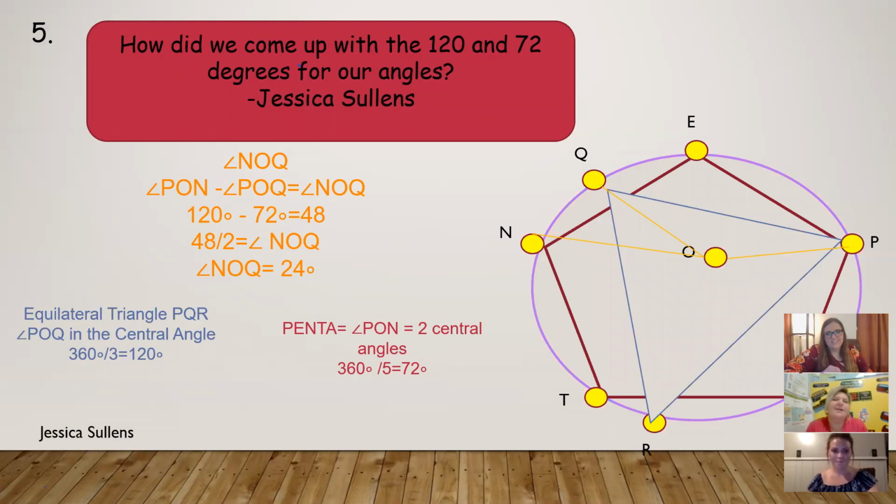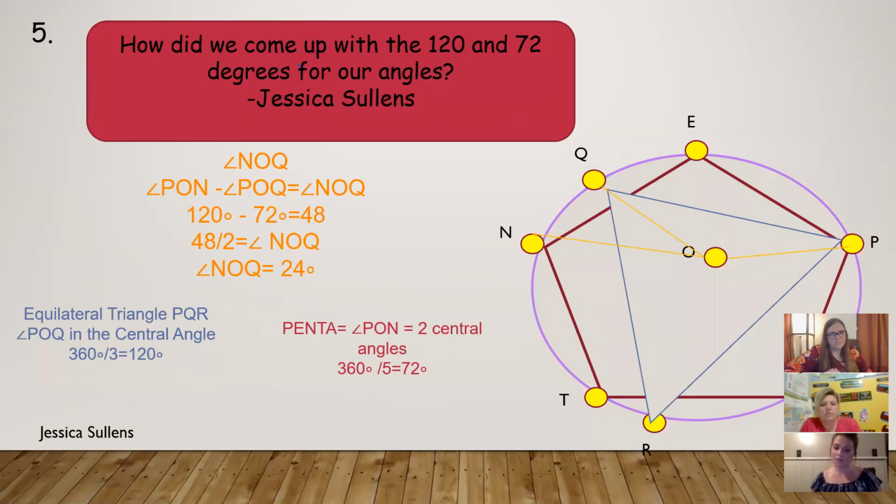You're welcome. Okay, so Jess, how did we come up with the 120 and 72 degrees for our angles? Okay, how we came up with this is we knew that to get our angle NOQ, we had to take angle PON, which was equal to 72 degrees, and angle POQ, which was equal to 120 degrees, and subtract those to get our angle NOQ.